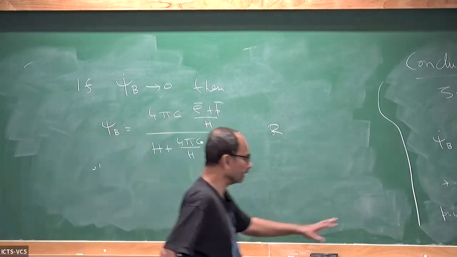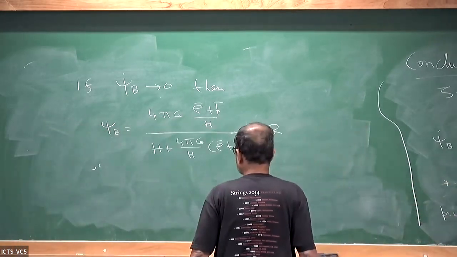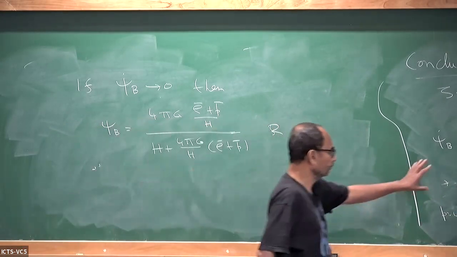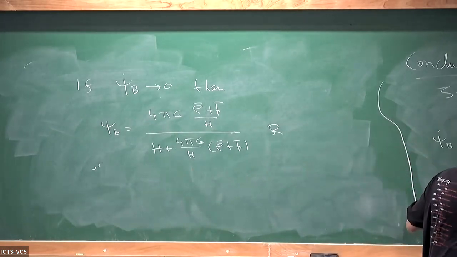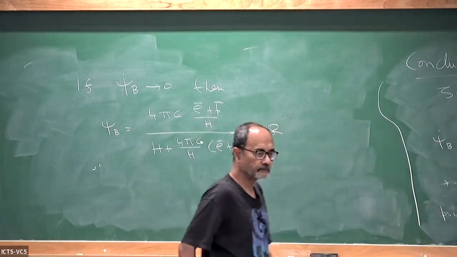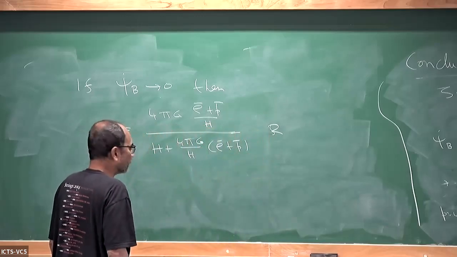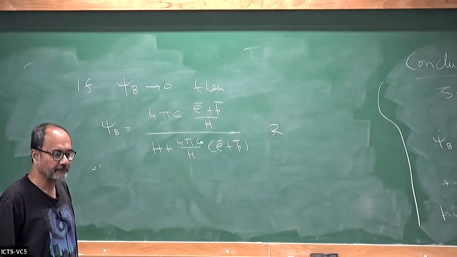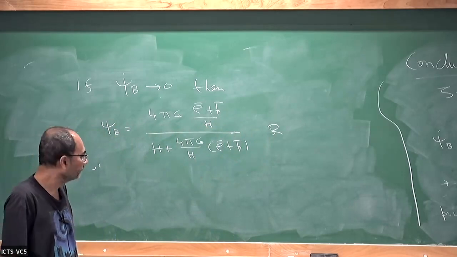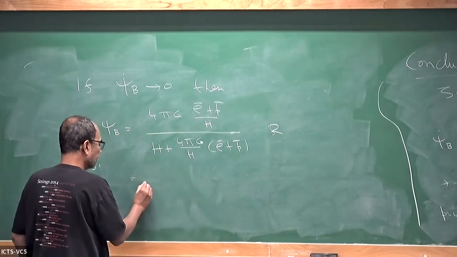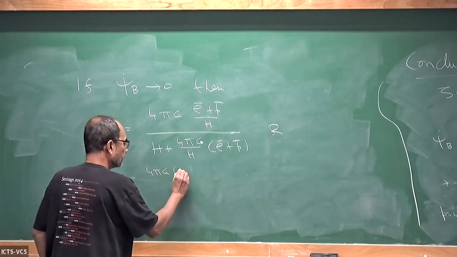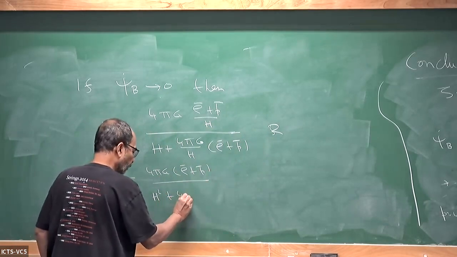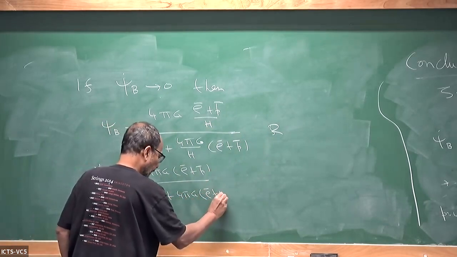I just ignored this term, and that gives a solution for psi b as a ratio. But let's make sure that it actually goes to a constant. Otherwise, this whole procedure will not be valid. It's only if it goes to a constant that it's self-consistent at least. So this I can write as 4 pi g times rho bar plus p bar over h squared plus 4 pi g times rho bar plus p bar.